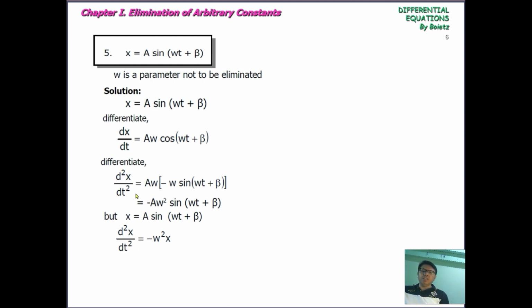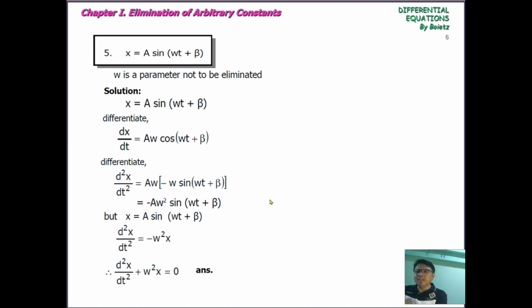So, the second derivative of x with respect to t is equal to negative w squared x. Kung na-eliminate, this could be your final answer. Kaya lang, we have to show the answer in the book. So ilipat mo lang ito sa kabila, magiging positive. Then, the second derivative of x with respect to t plus w squared x equals 0. This is your final answer.